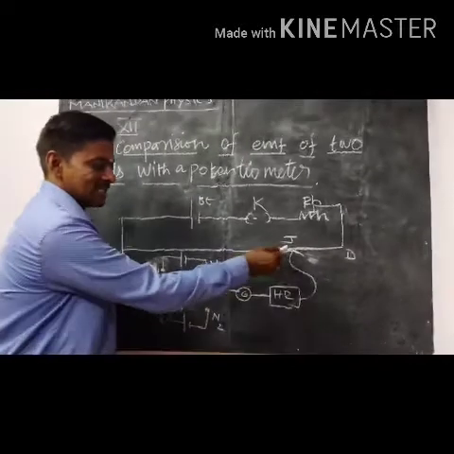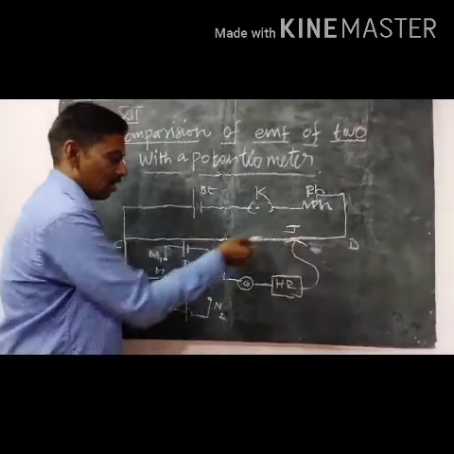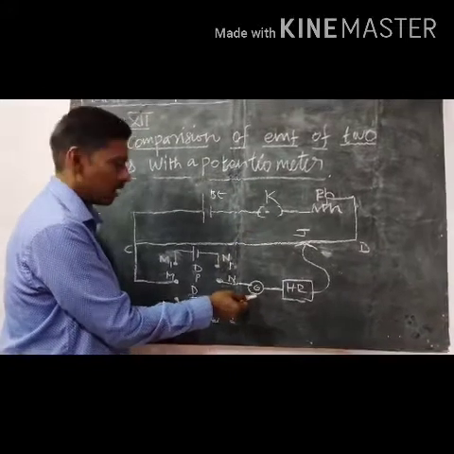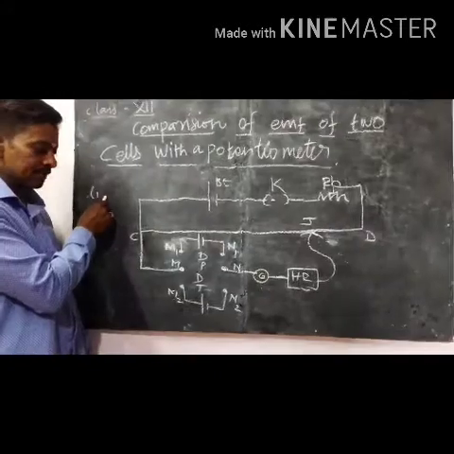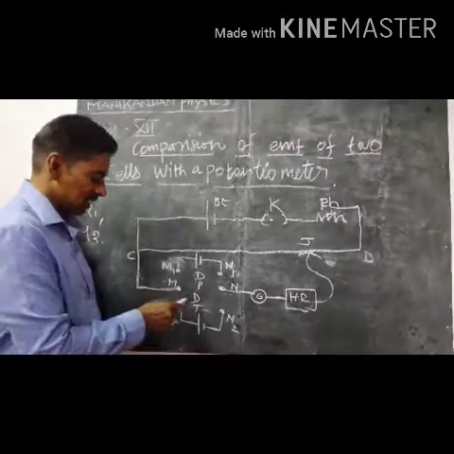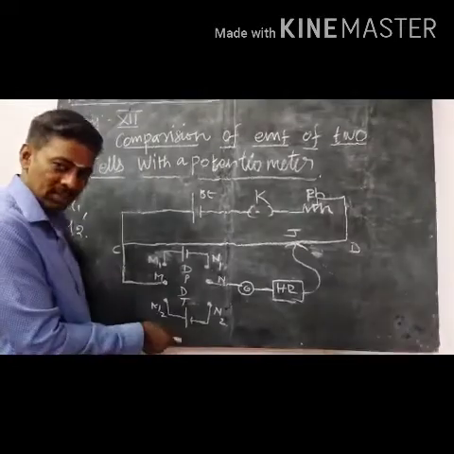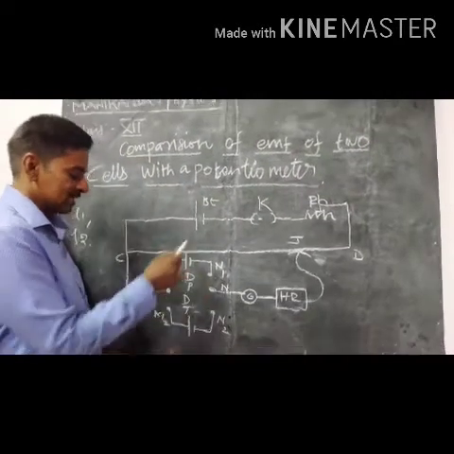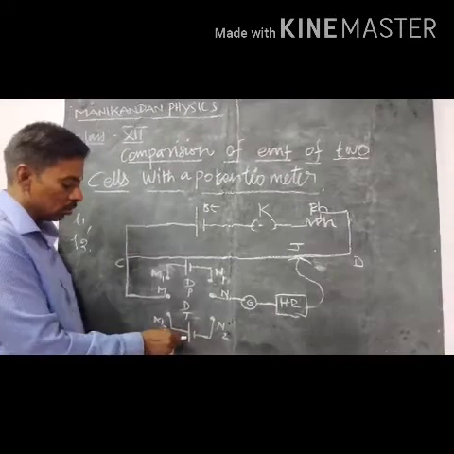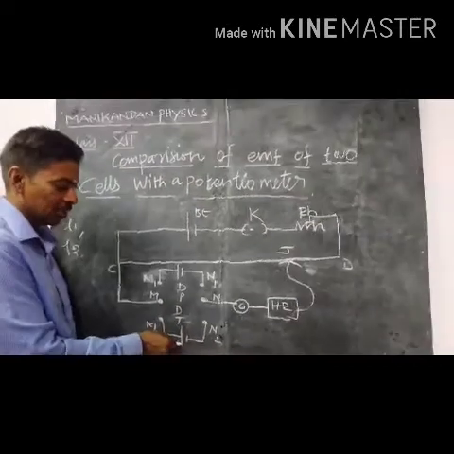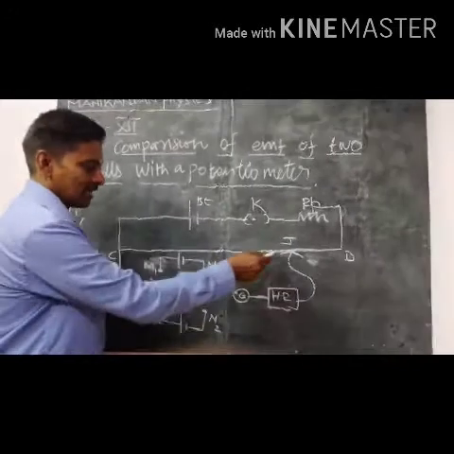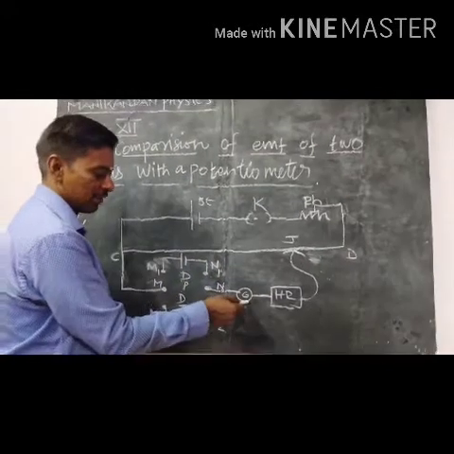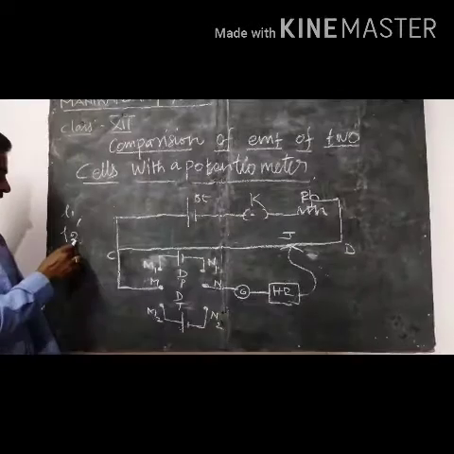Now, adjusting the jockey on the potentiometer wire till the galvanometer shows zero deflection, balancing length L1 is found. Similarly, the DP-DT switch is pressed towards M2, N2 so that cell 2 is included in the secondary circuit, and the jockey is adjusted on the potentiometer wire till the galvanometer shows zero deflection. The balancing length L2 is found.